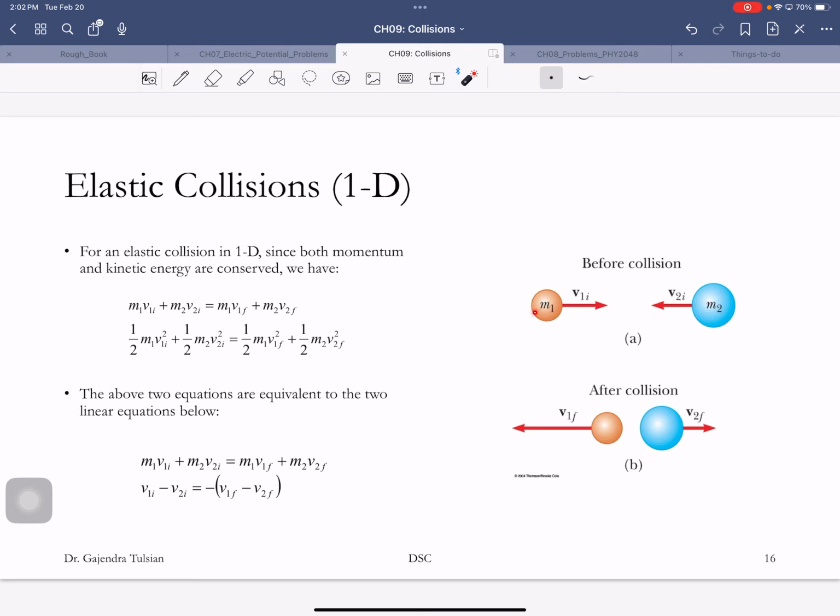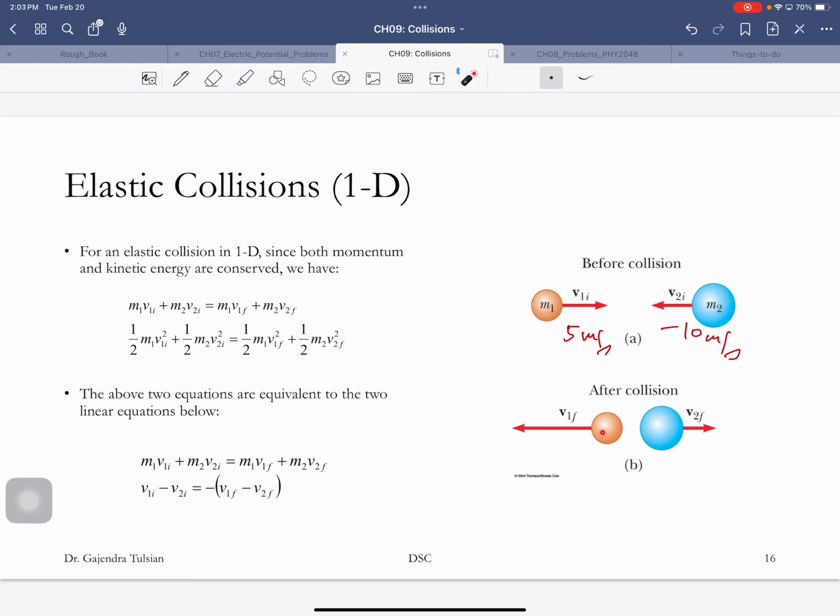Let's say you're going at 5 meters per second and this guy is coming at 10 meters per second in the lab frame. If you're sitting on this guy, he looks like he's coming at you at 15 meters per second, right? So this is 5 meters per second, and this is minus 10 meters per second. Then if you were sitting on him, he's coming at you at 15 meters per second. What is this guy? Negative of that.